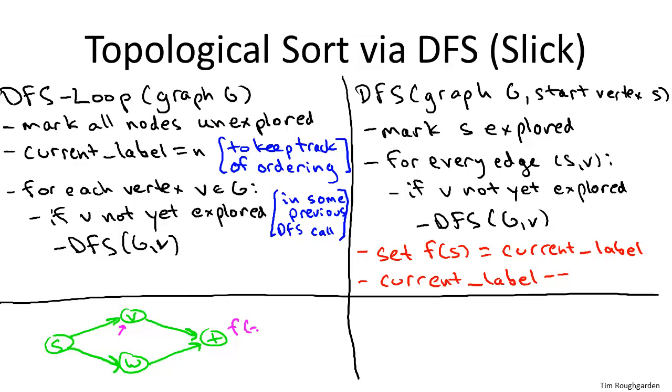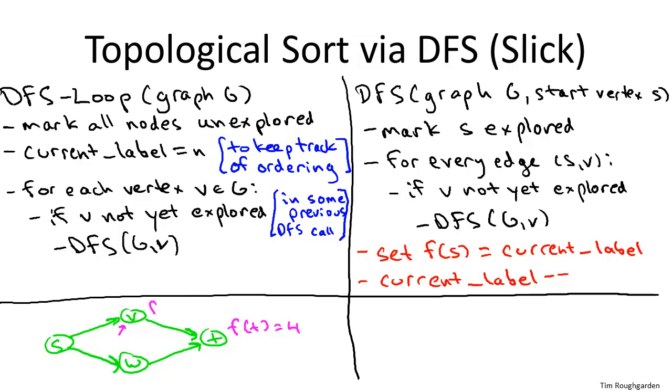Well, the only place you can go from v is to t, and then at t there's nowhere to go. So we recursively call DFS at t, there are no edges to go through, we finish the for loop, and so t is going to be assigned an f value equal to the current label, which is n, and here n is the number of vertices, which is 4. So t gets the label 4.